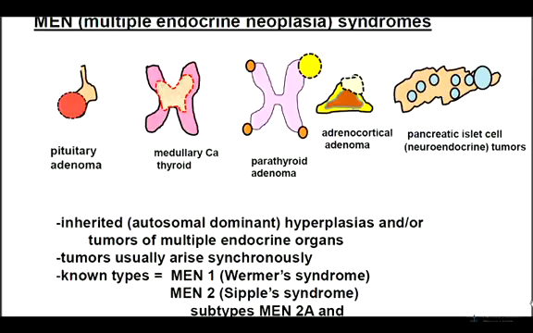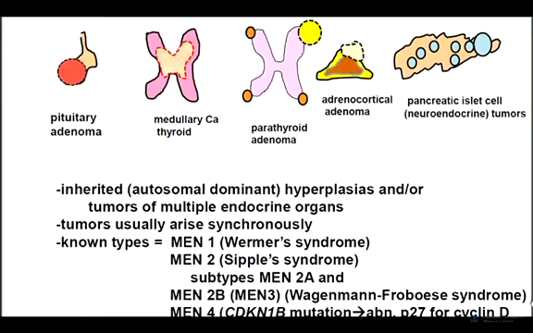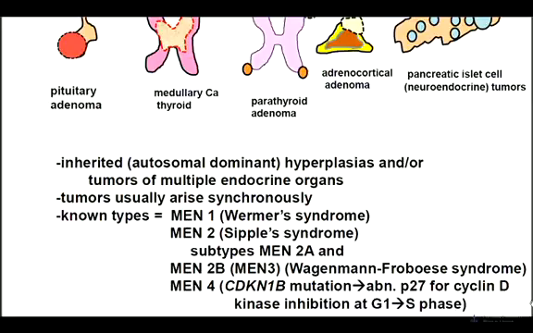There are now 4 subtypes, so they're subdivided into MEN1, 2, Sipple syndrome is MEN2, which is 2A. 2B is MEN3, Wagenmann-Froboese syndrome. And the last one, which I thought was the more interesting, because you know that pathway, is MEN4, which is the latest discovery, which is a cyclin D kinase mutation that prevents you putting the brake on cell proliferation.